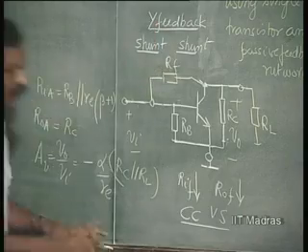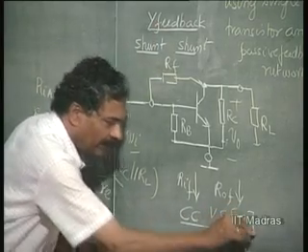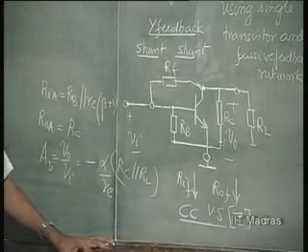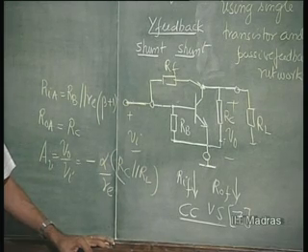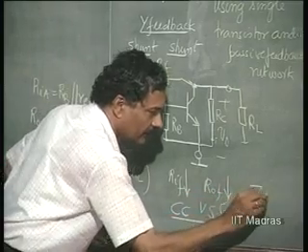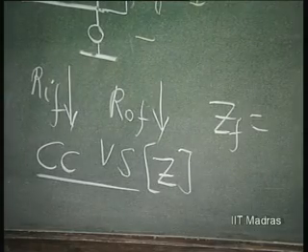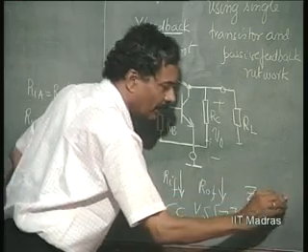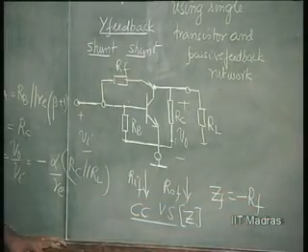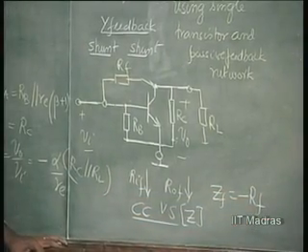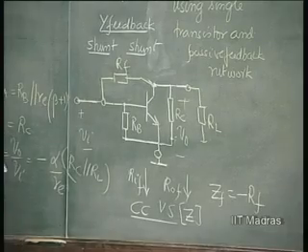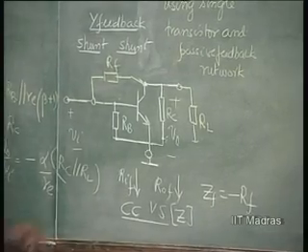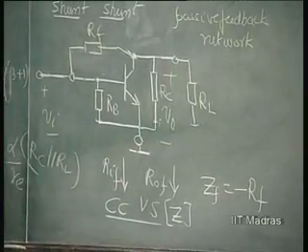Since it is Y feedback, it can be represented by the Z parameter. And what is the parameter that is going to become stabilized? ZF is going to be stabilized, and ZF in this case is going to become equal to minus RF, because ZF should become equal to some resistance which is coming as the feedback resistance. The only resistance that is coming as the feedback resistance is RF. So, ZF should ideally become RF.